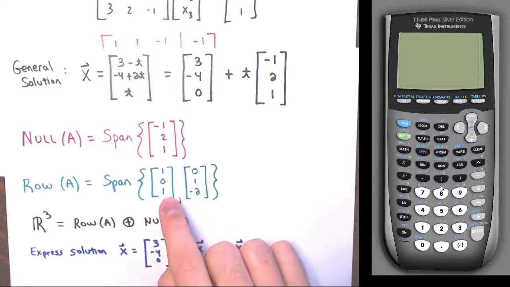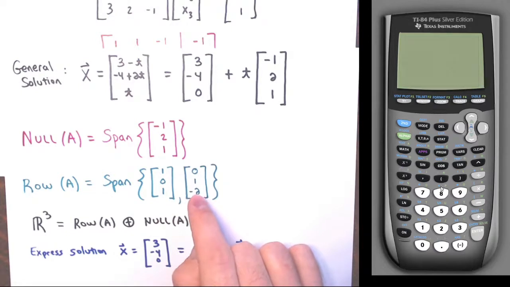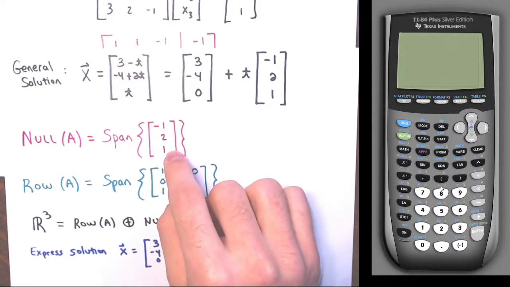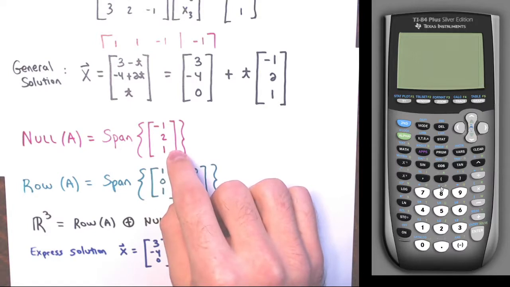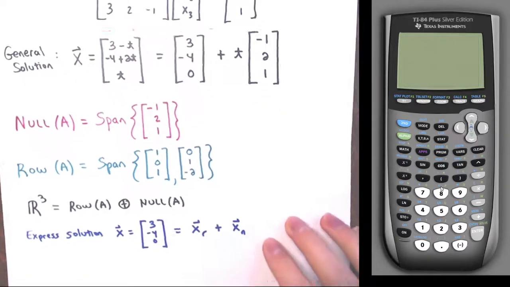So then I'd have to use Gram-Schmidt to construct an orthogonal basis from this. So it's easier to work with the null space here, because it has a smaller dimension, and its basis only has one vector. So I can say that this is an orthogonal basis. All right, so let's do that. I'm going to project onto the null space first.